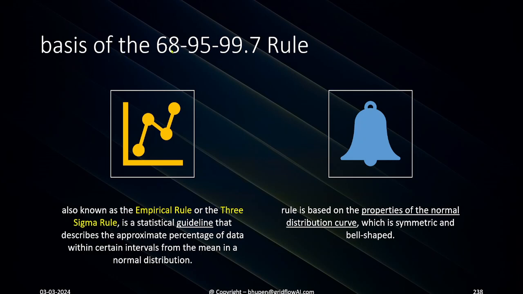The basis of the 68, 95, 99.7 rule is mostly empirical, or it is also called the 3 sigma rule, more of a guideline than a rule. It is based on the properties of the normal distribution that we have seen over decades of experiments.